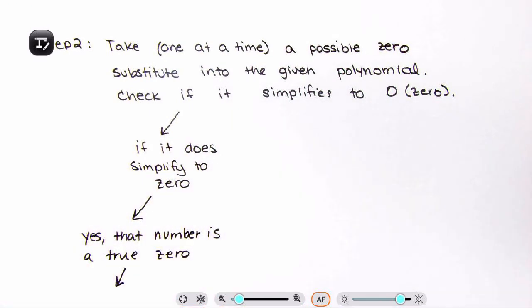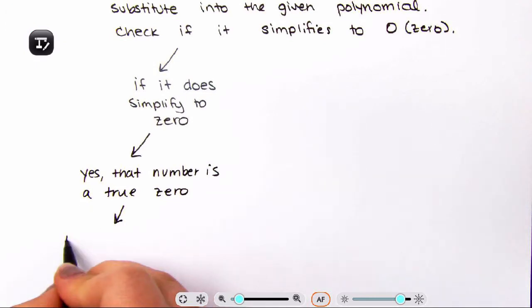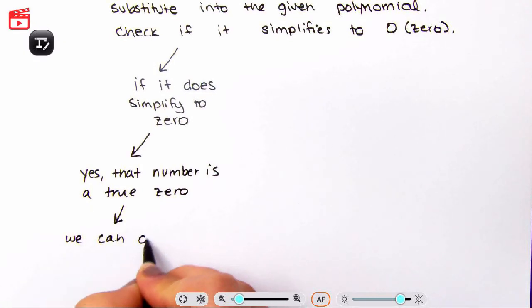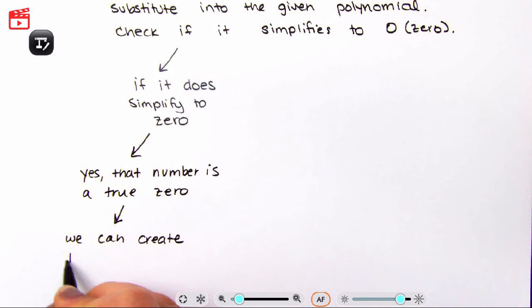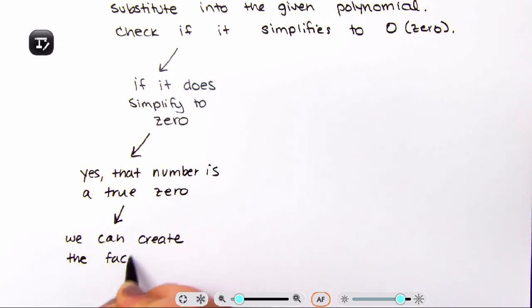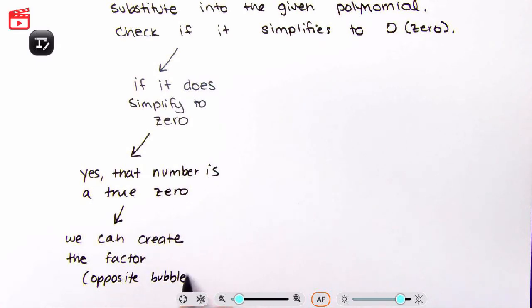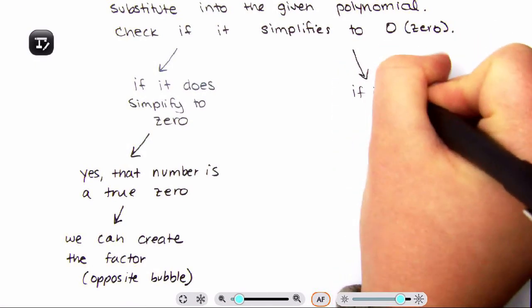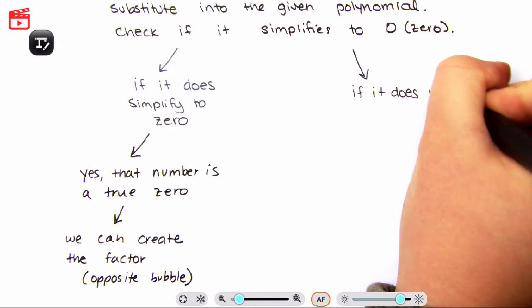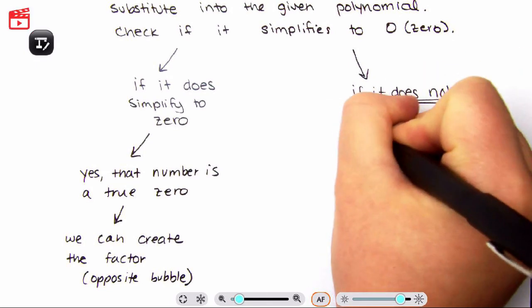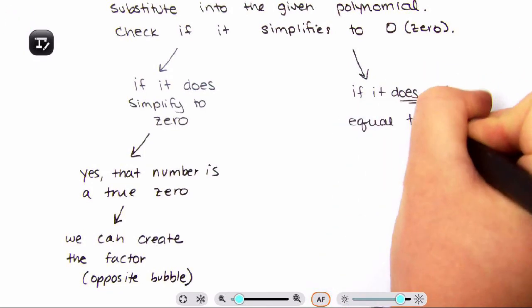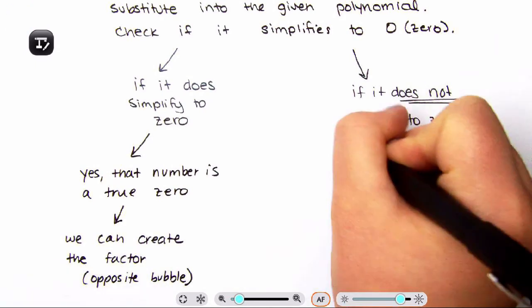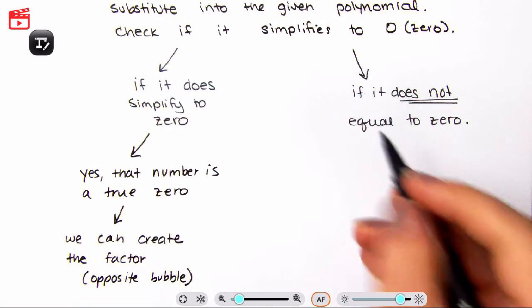And from here, we can create the factor. And remember, that's the opposite sign. So if it does not equal to 0, you're basically done.